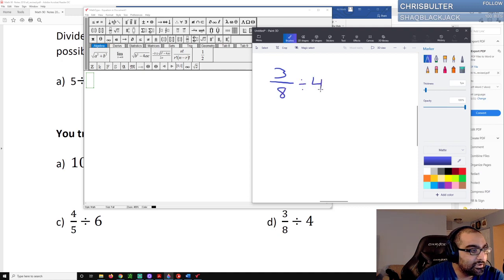All right, you guys guide me here. Can anybody tell me, how can I rewrite 3/8 divided by 4? How should we rewrite 3/8 divided by 4?